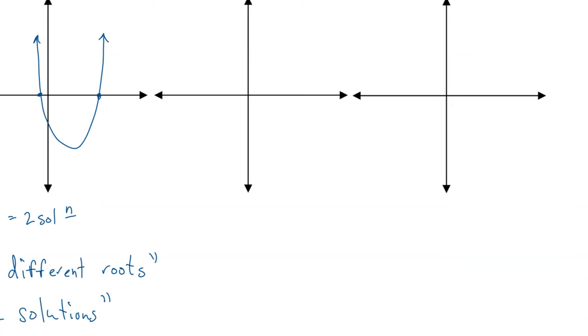Okay, next one is this. Remember this case where it comes down and touches and goes back up? Just touches at one spot. So one x-intercept is one solution.